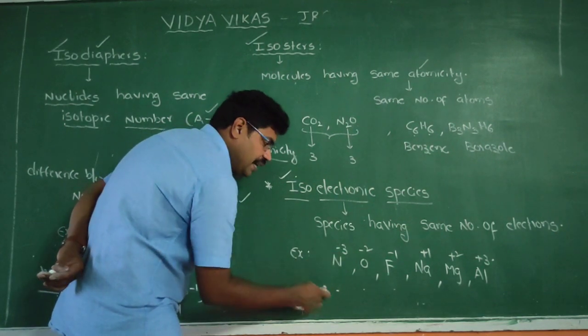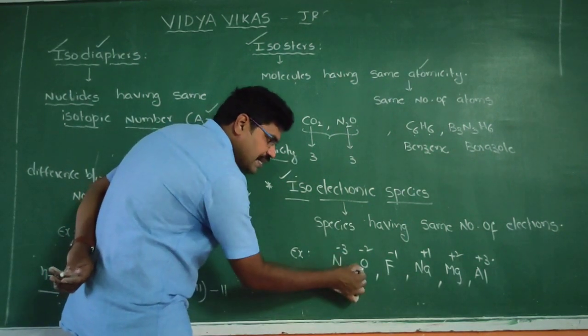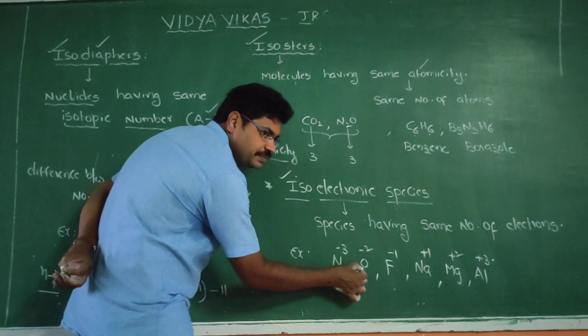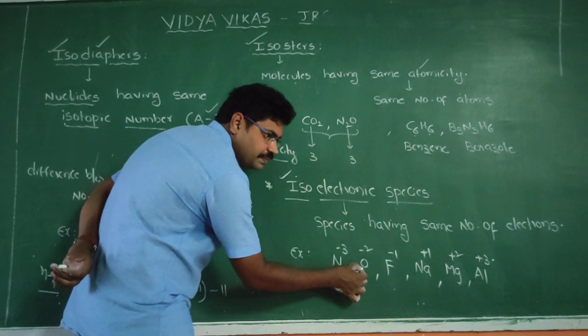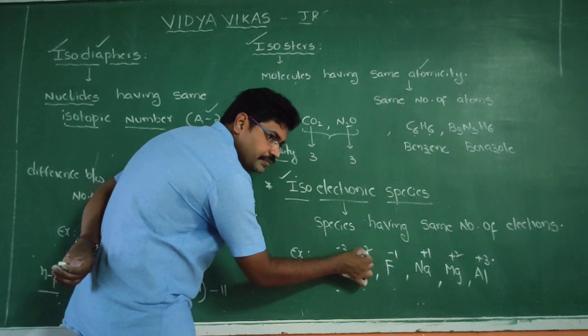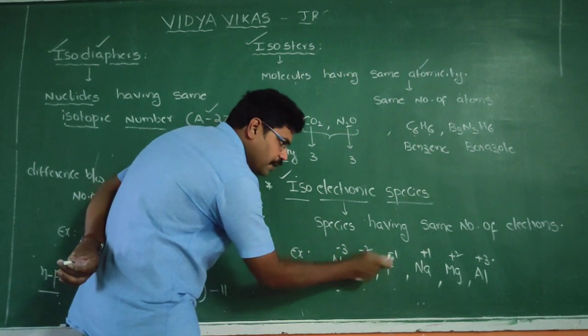So 7 plus 3, 10. What about oxygen, sir? Atomic number 8, means 8 electrons actually, but it gained 2 further. 8 plus 2, 10. Here 9 plus 1, 10.